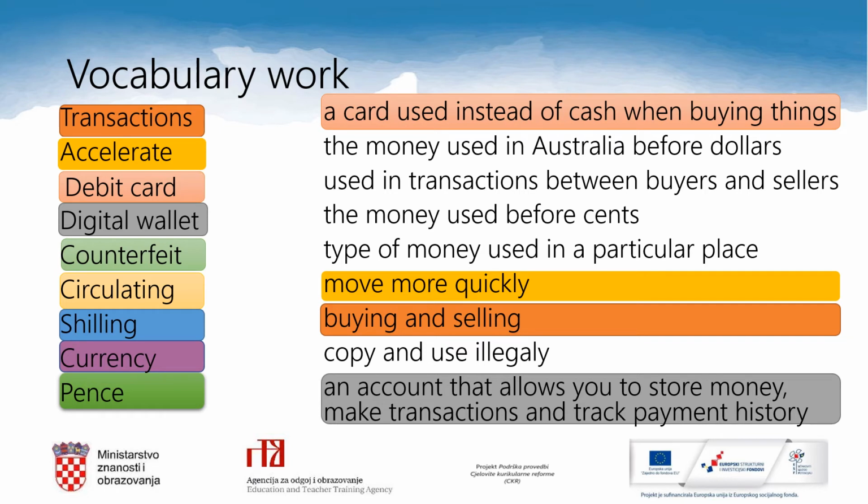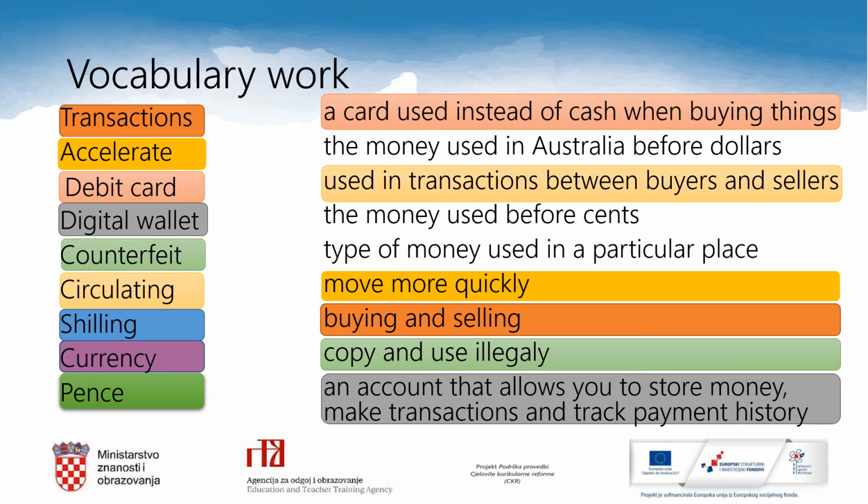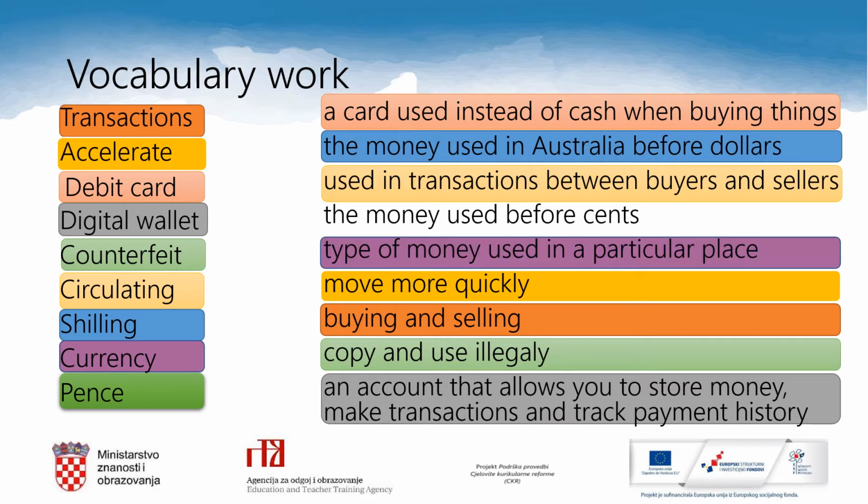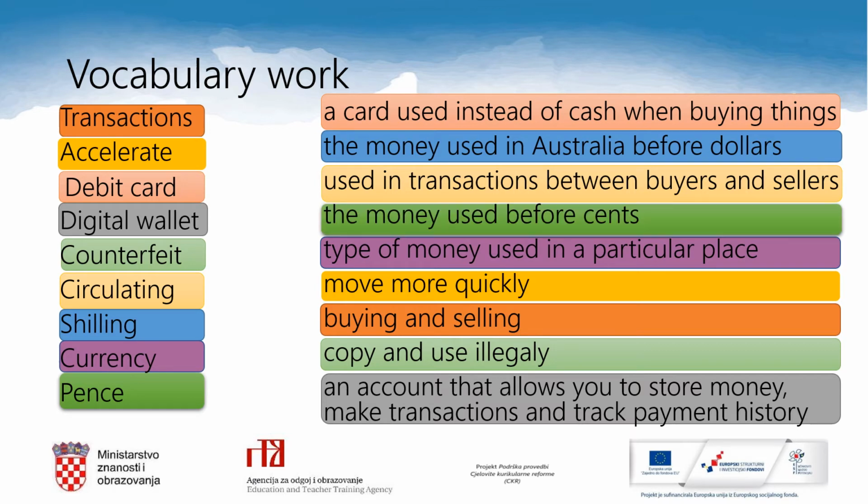Counterfeit: copy and use illegally. Circulating: used in transactions between buyers and sellers. Shilling: the money used in Australia before dollars. Currency: type of money used in a particular place. And pence: the money used before cents.